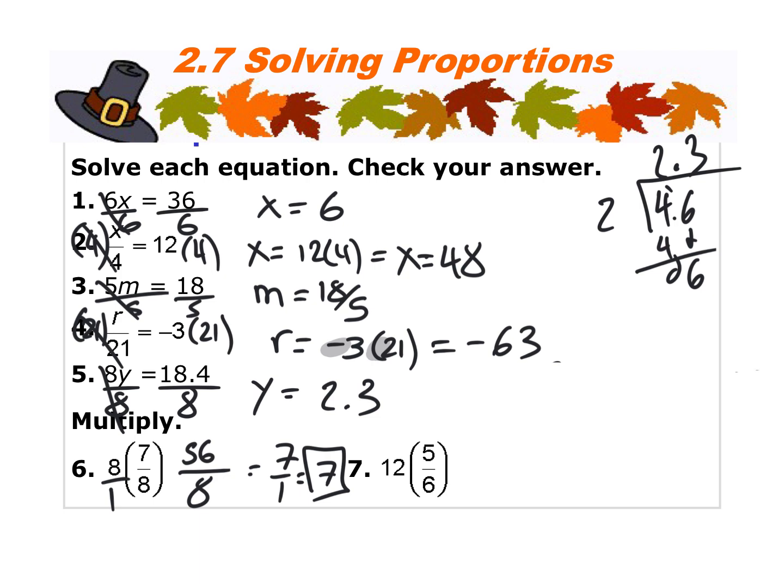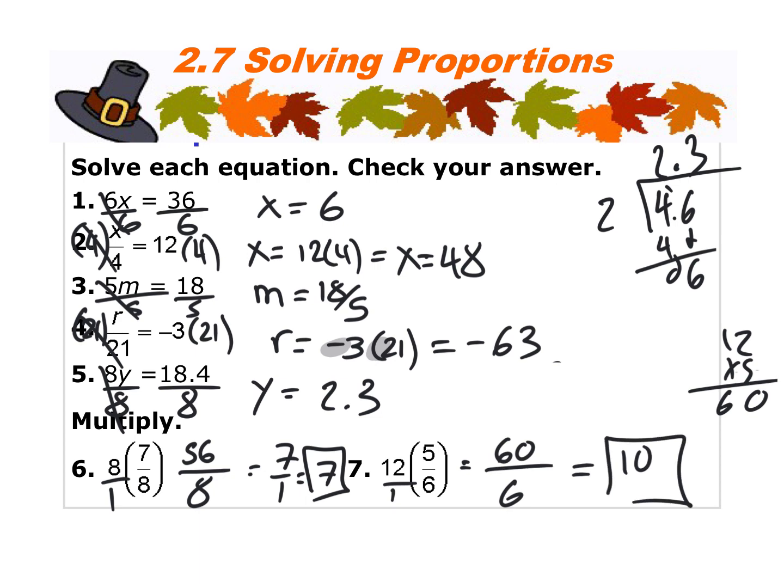Now for number 7, again, we're going to put it over 1. 12 times 5 is 60. And then 6 times 1 is 6. That simplifies to 10. Any questions?